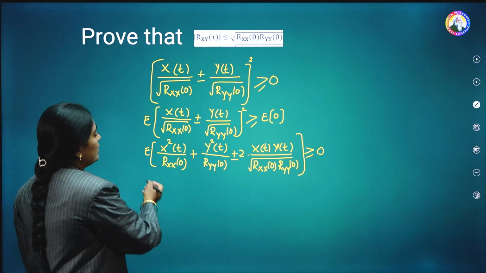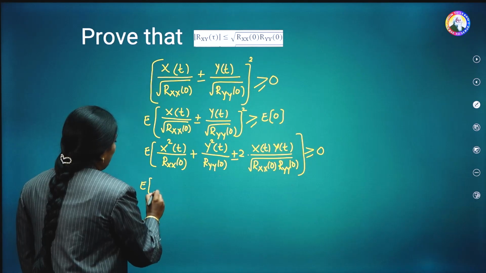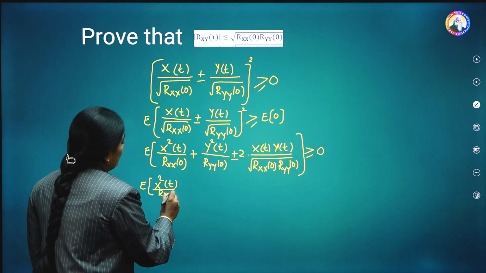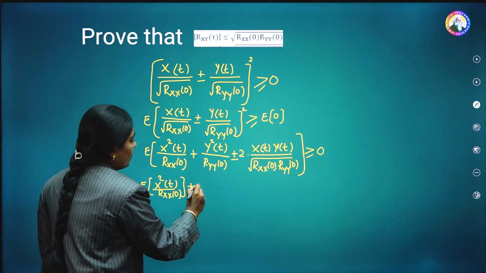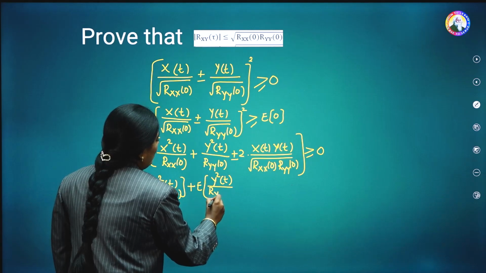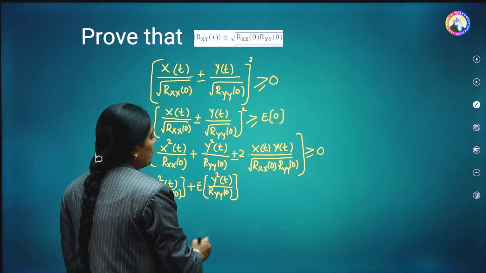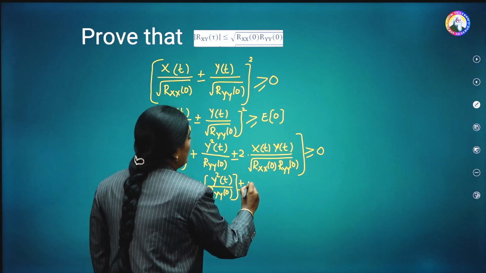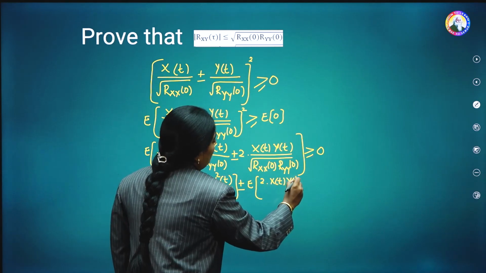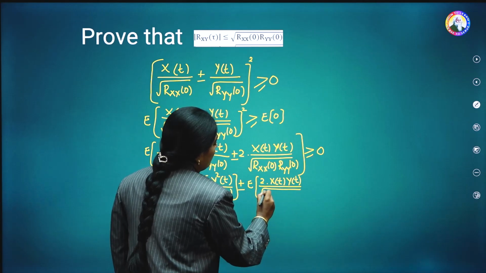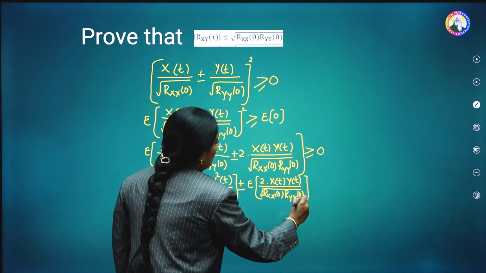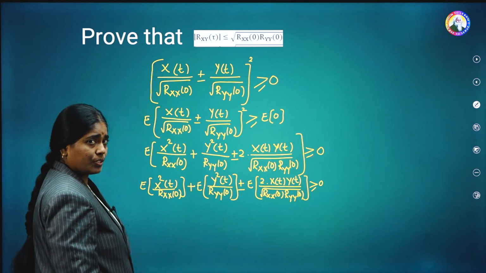Using that formula, this can be simplified as E of x square of t by rxx of 0 plus E of y square of t by ryy of 0 plus or minus E of 2 into x of t into y of t by square root of rxx of 0 into ryy of 0. This is greater than or equal to 0.